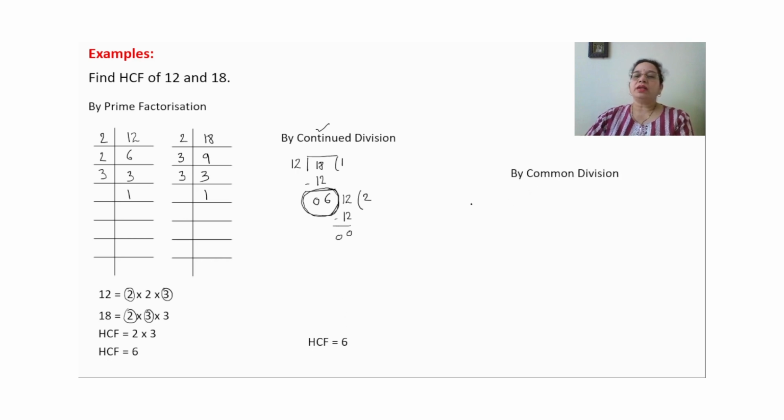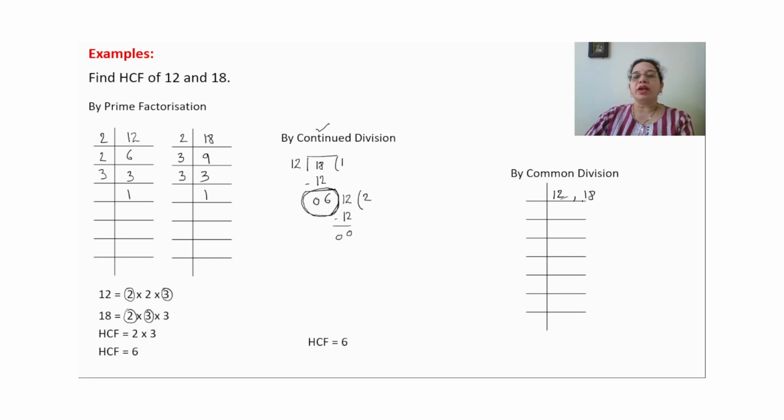Now same thing I will explain by common division method also. With the name itself it is clear, we will do common division for both the numbers. But with this method students may get confused. So if you have any confusion, don't use this method. So here we will try to find out the number by which both the numbers are divisible.